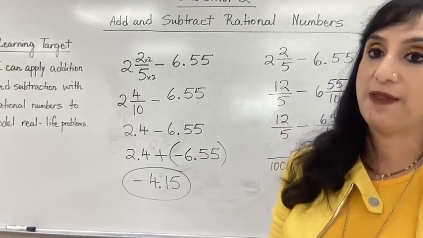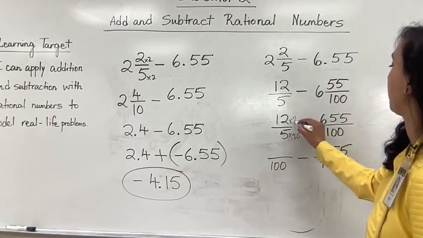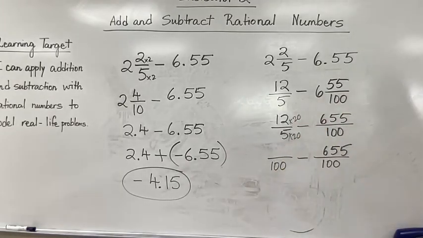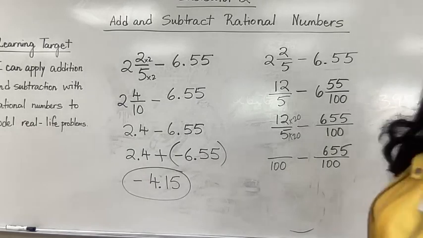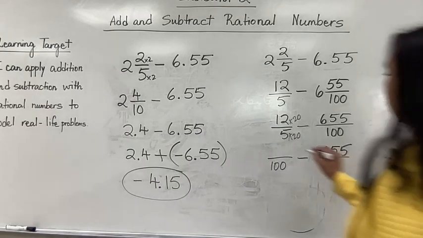Okay, so 20 times 5. All right, so if I have 12 times 20, I know that 12 times 10 is 120. So 12 times 20 would be double that amount, which is 240.